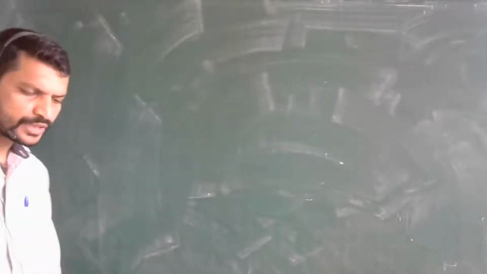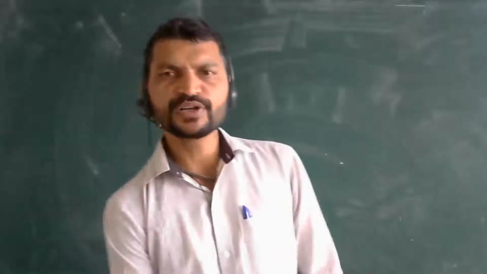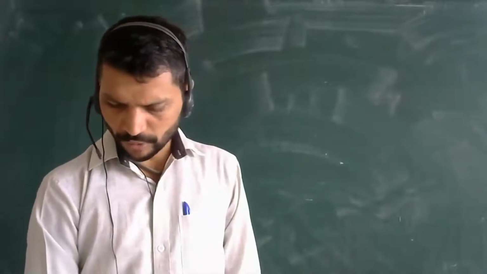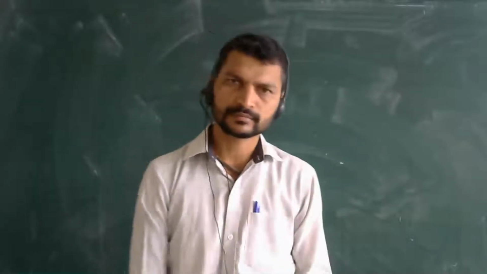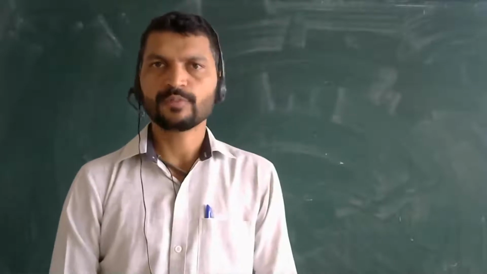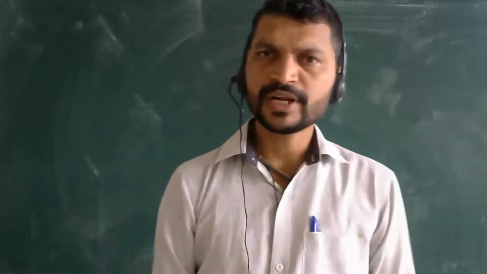Now it is totally based on credit purchases. See, I will read it out. Credit purchase from Raghu, rupees 20,000. There is a credit purchase from Raghu. The amount is 20,000.